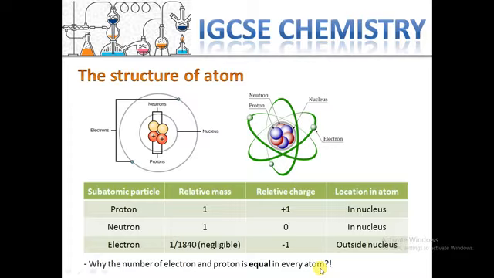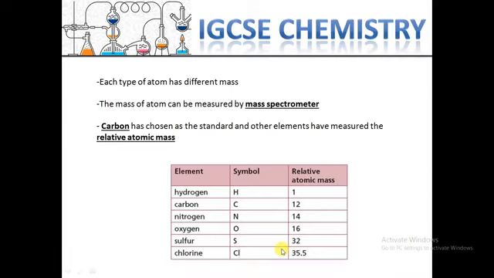I explained that because atoms are neutral and don't have extra charge, positive or negative. That's why the number of electrons and protons are the same, which makes the atom neutral without charge.